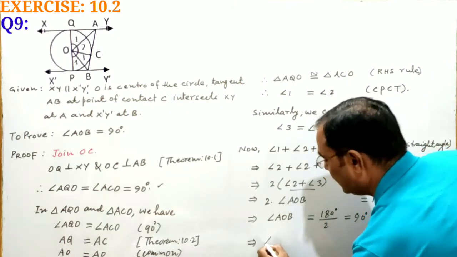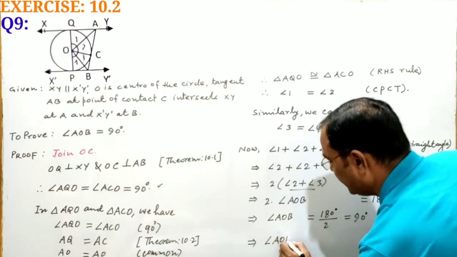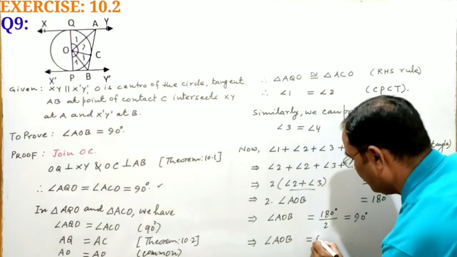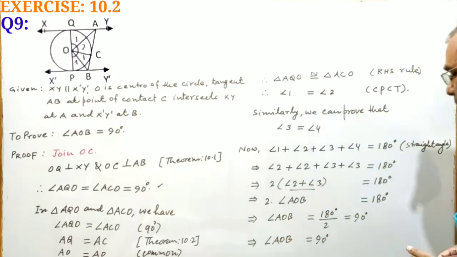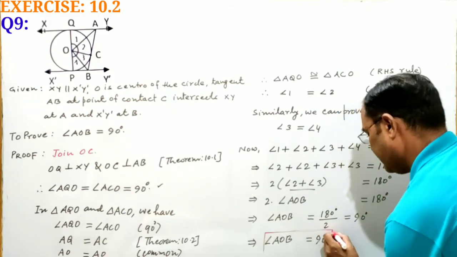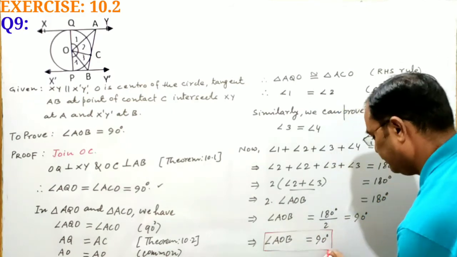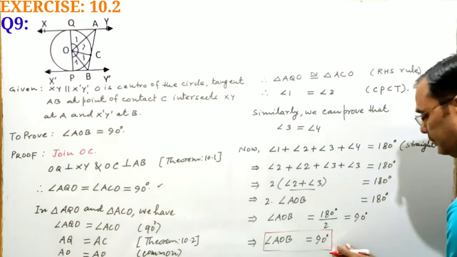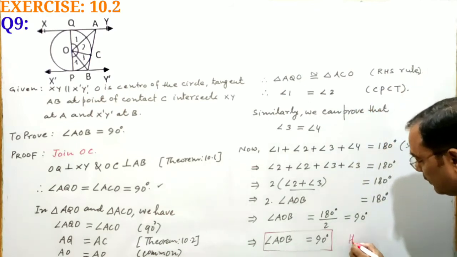So finally we have got angle AOB is equal to 90 degrees, and this is the required result that we had to prove in this question, and we have proved it. So hence proved.